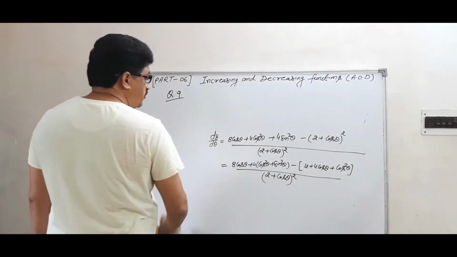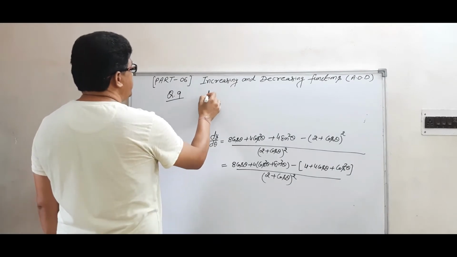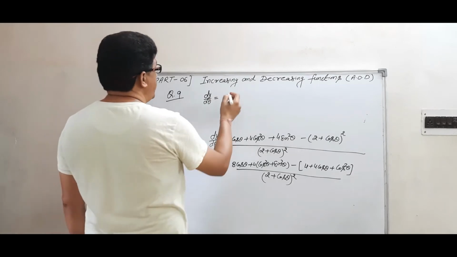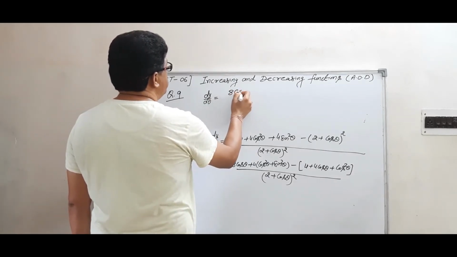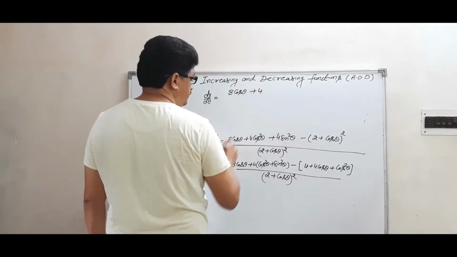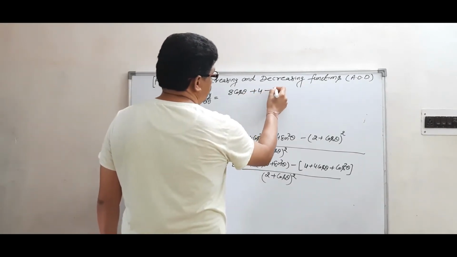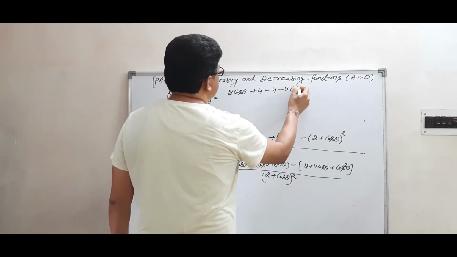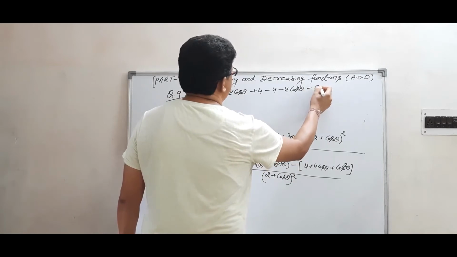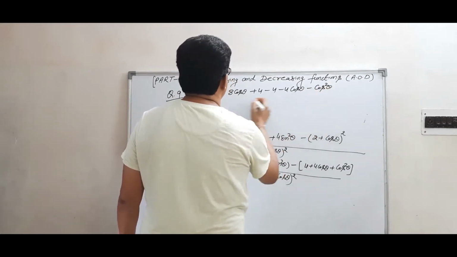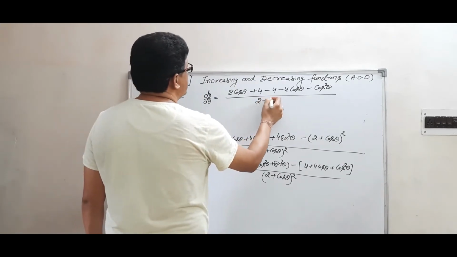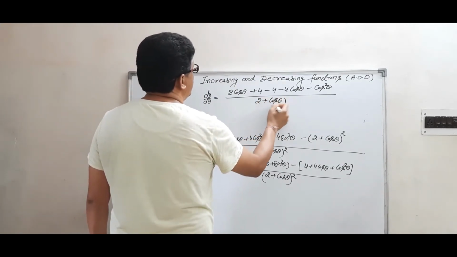And now you simplify more. dy by d theta is equal to 8 cos theta plus 4, minus 4 cos theta, minus cos square theta, upon 2 plus cos theta whole square.